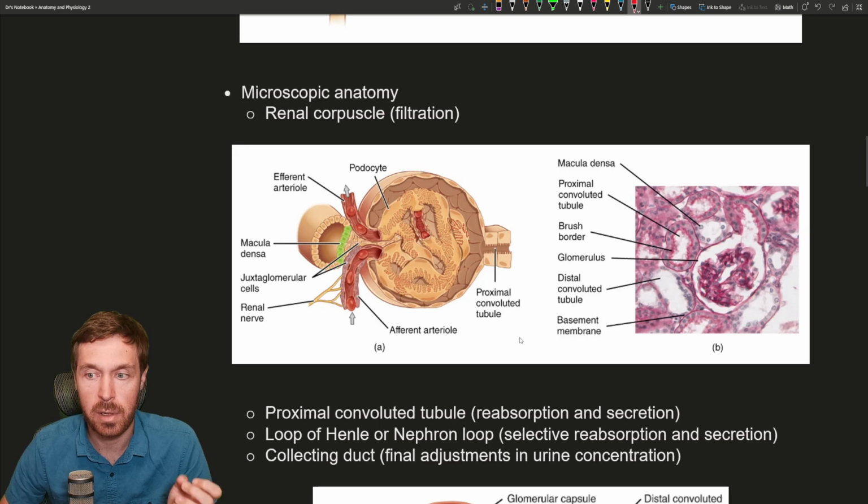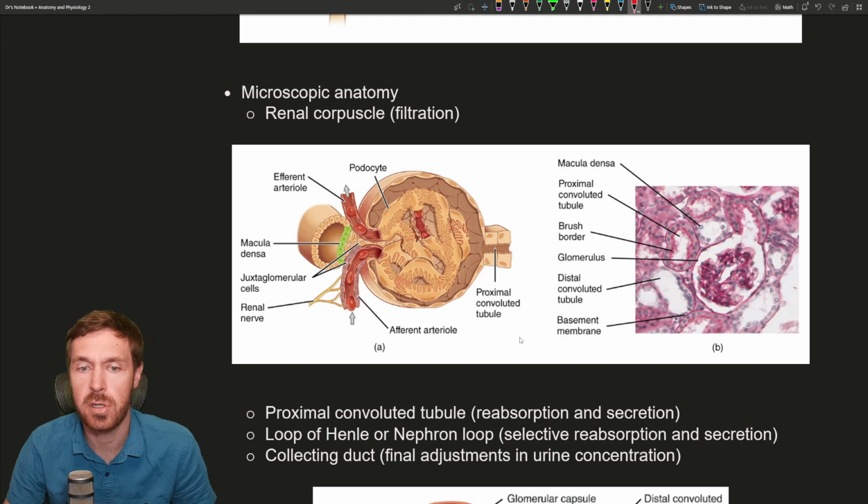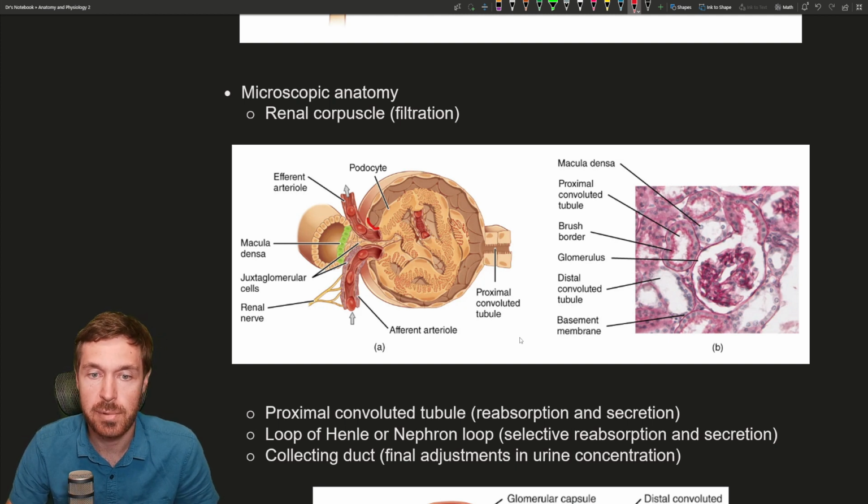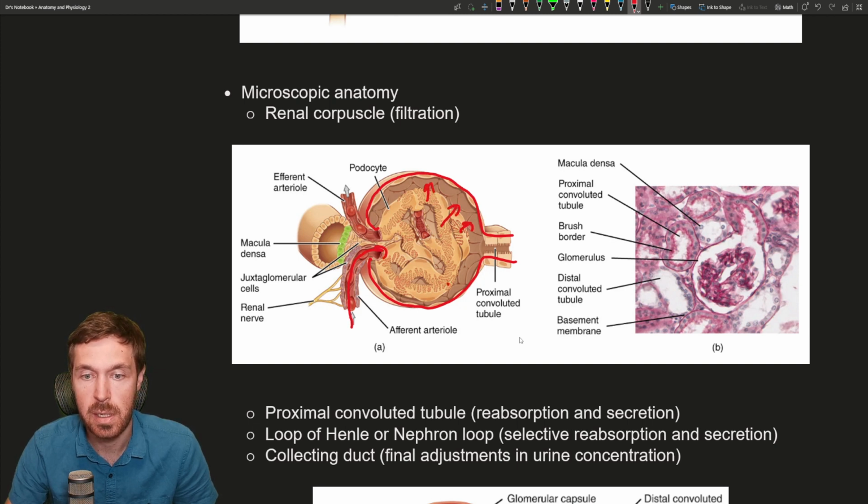And that's where we have to go deeper into this microscopic anatomy, and we look at the renal corpuscle. The renal corpuscle is that glomerulus. So here it's this capsule. Sometimes this can be referred to as the Bowman's capsule. So it forms this little structure around this tuft of capillaries so that when blood comes through this afferent arteriole, it pushes out these different fenestrations of these cells, these podocytes that surround these capillaries.